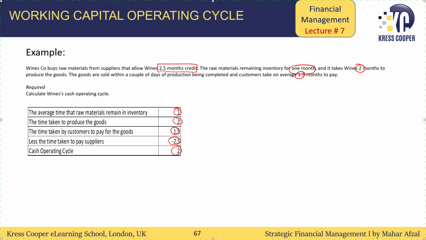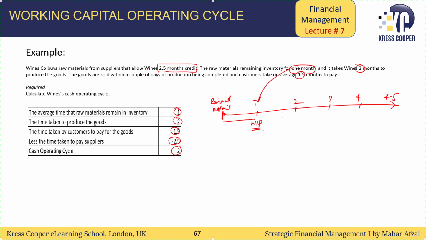Let me put it on the diagram. So I am starting from here. I can say this is 1, this is 2, this is 3, this is 4, this is 4.5. This is the point where we have received the material. After receiving the material, it takes 1 month to put the inventory into work in process.